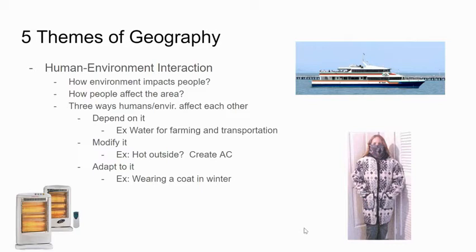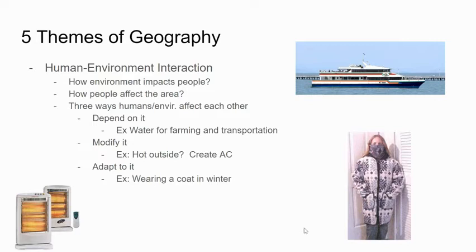How do humans depend on the environment? So for example, we use water in an area for farming, for irrigation. We use it for recreation, if you like to go to Horsetooth. We use it for transportation, especially out east, where the Mississippi River is key for transportation along that stretch for those states.